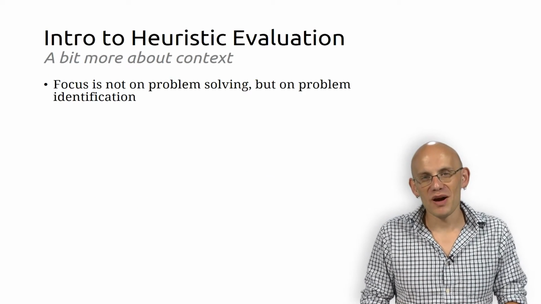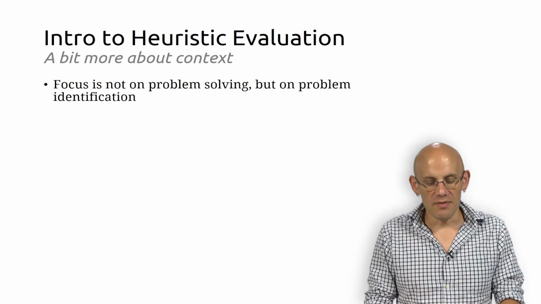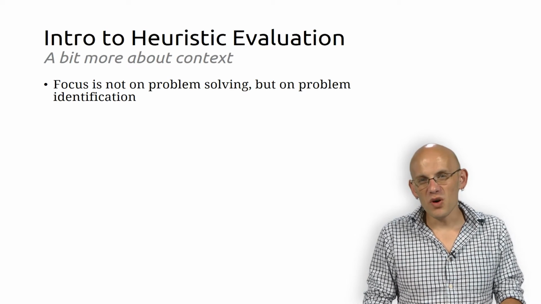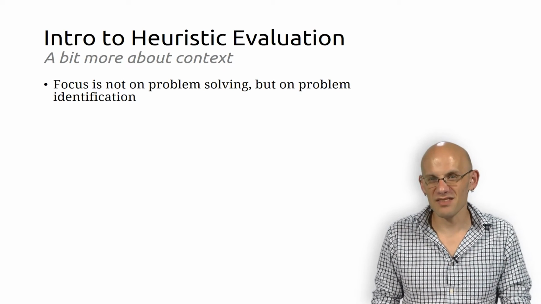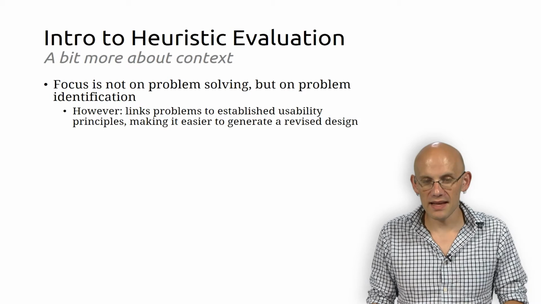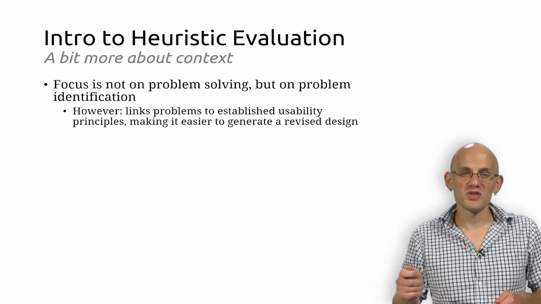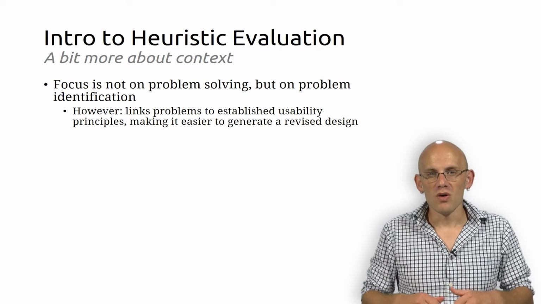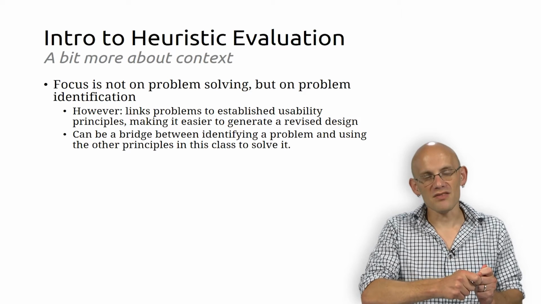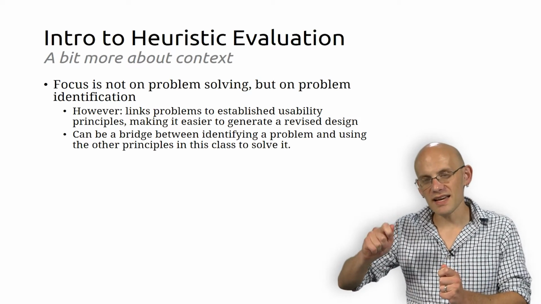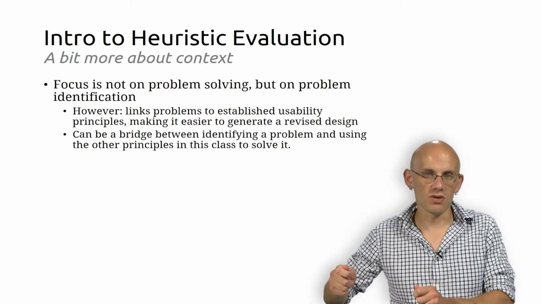Okay, a bit more about the context in which heuristic evaluation is applied. It's very important to point out that the focus of heuristic evaluation is not on problem solving, but on identifying problems. That said, heuristic evaluation does have this nice property of linking problems to well-known usability principles, which often, in my view at least, allow you to bridge problems that you find in the interface to techniques and ideas and solutions that you've learned in the rest of this course.